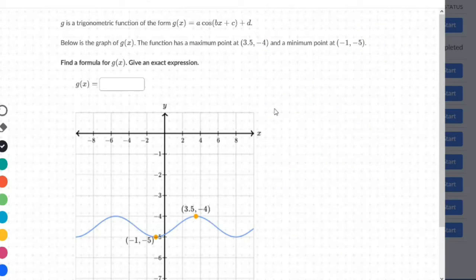So to do a problem like this, notice that they've asked you to write it in this form. But that's not the way I am going to write it to start out with. I'll change it to that, but I'm not going to start there. I'm going to start by writing it as this.